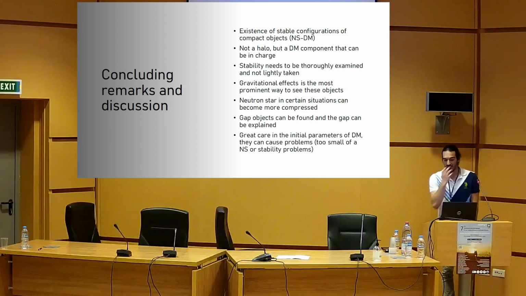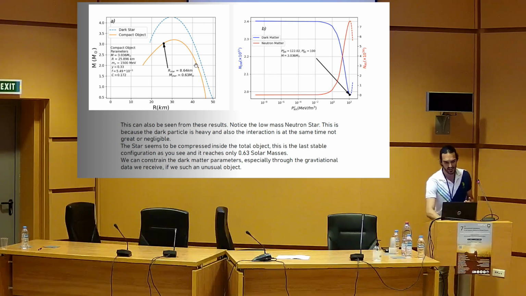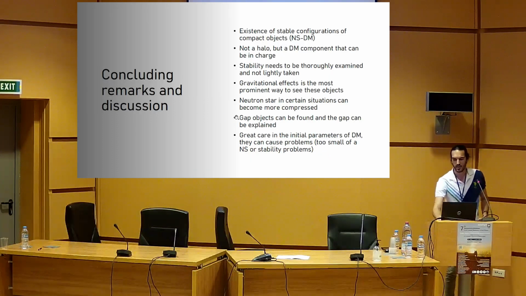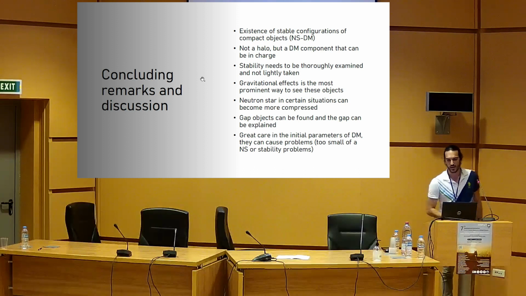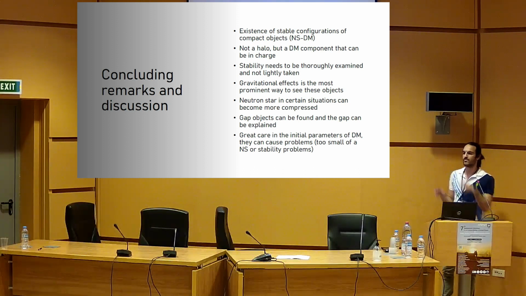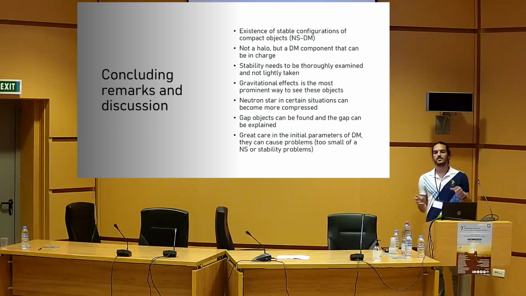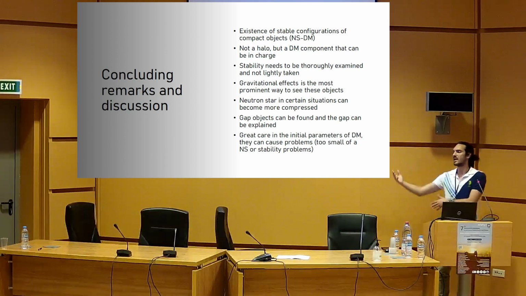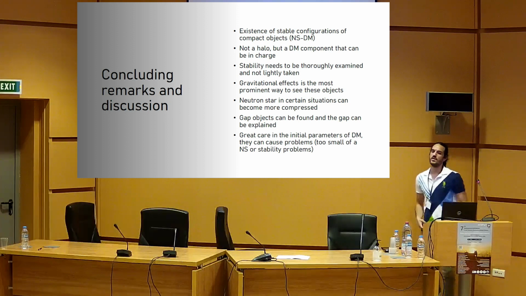And gravitational effect is the most prominent way to see these objects. As you saw, neutron stars become compressed in certain situations, lower mass and lower radius, so we have to be extra careful. And we can, in fact, talk about the gap objects, and we can fill the mass gap region, and it could explain a visibility gap rather than a real gap that exists in the universe.